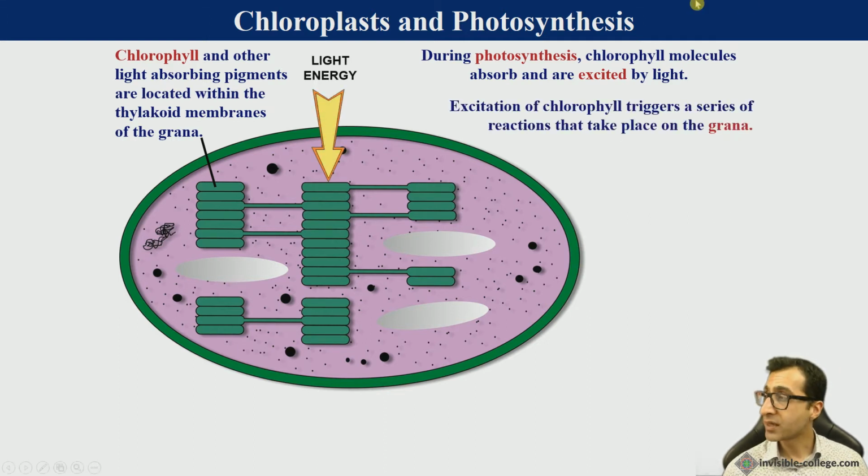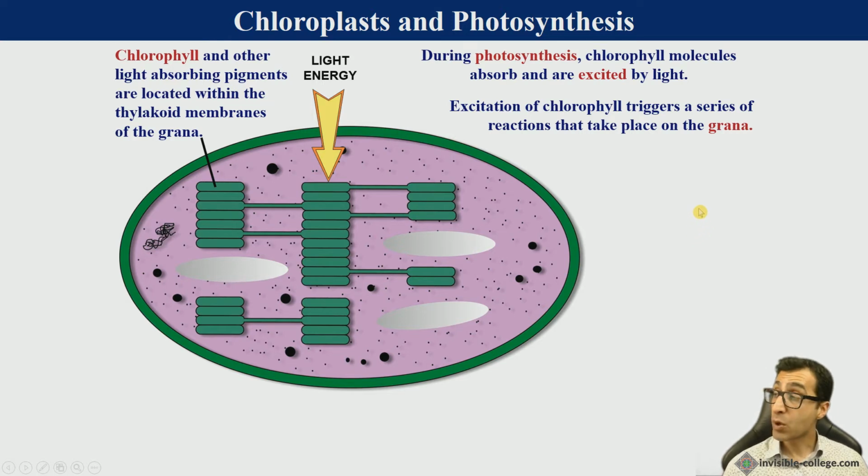Now the reason why you get these thylakoids stacked into these arrangements called grana is for the maximum absorption of sunlight energy, because the light energy, instead of just passing through thylakoids which are randomly arranged, has to pass through successive thylakoids arranged in stacks, and this ensures that the chloroplast absorbs the maximum amount of light energy for photosynthesis.